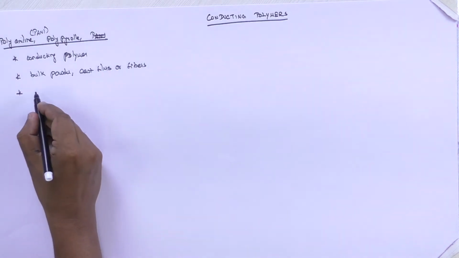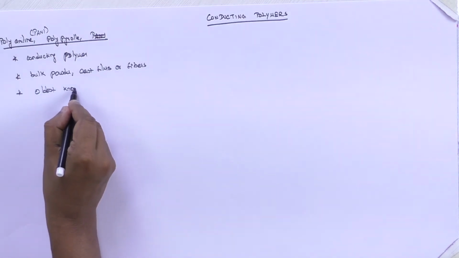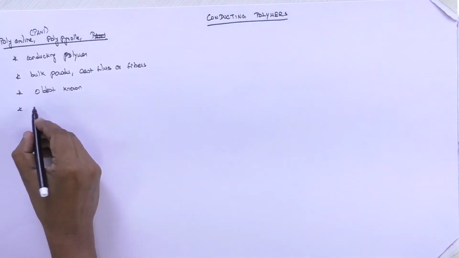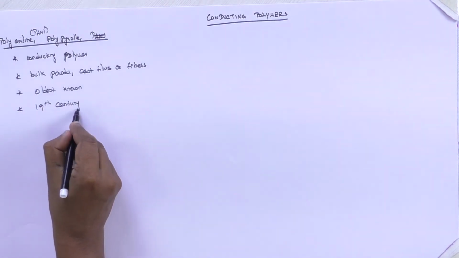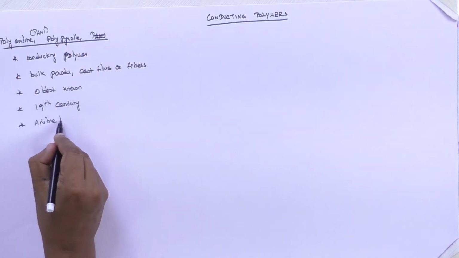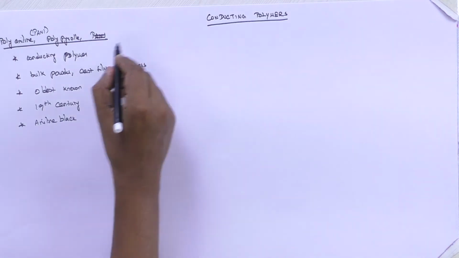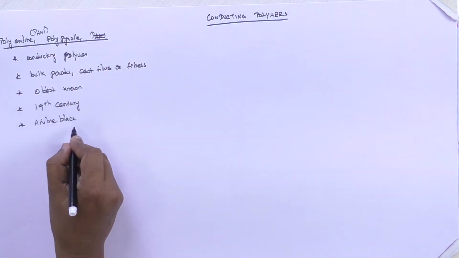Also, it is one of the oldest known conducting polymers. It was first discovered in the 19th century and is also known as aniline black. Synthesis of polyaniline is a very simple synthesis.